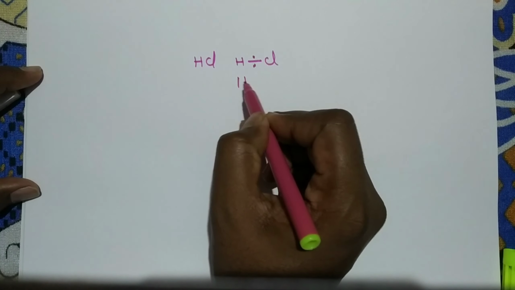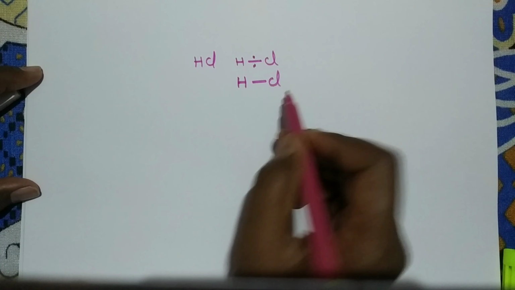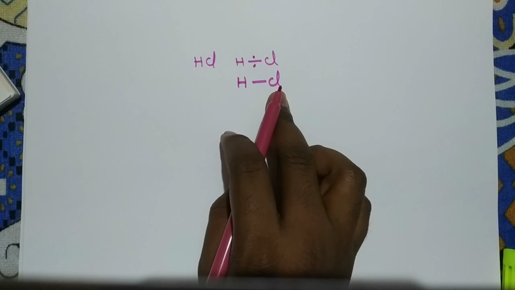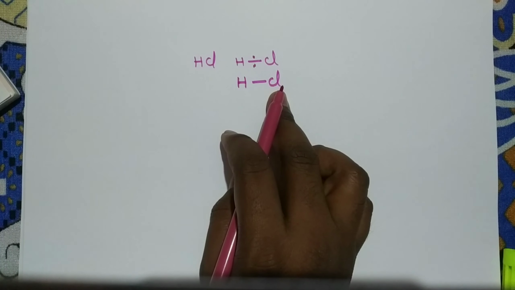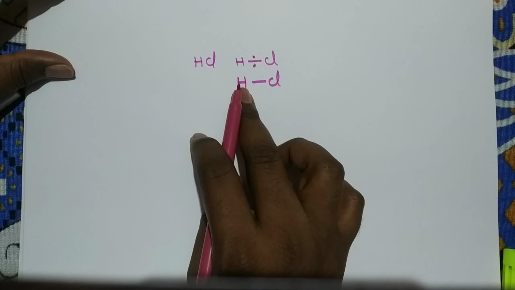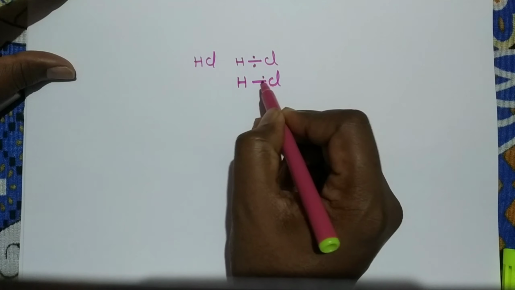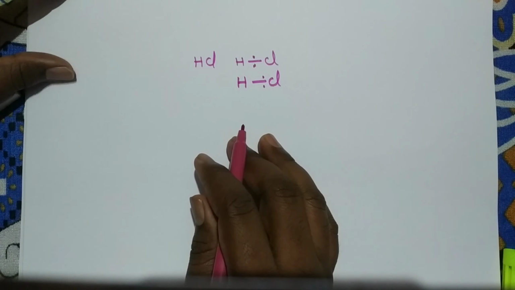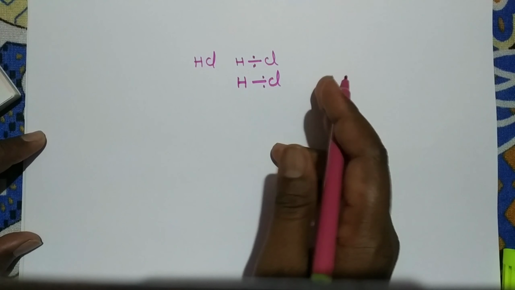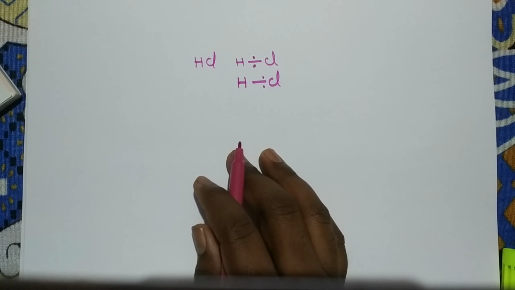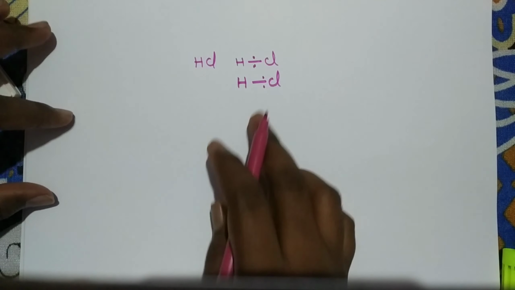Now what happens? Chlorine is more electronegative than hydrogen. That is why these 2 electrons are pulled towards the chlorine, and we assign those electrons to the chlorine.